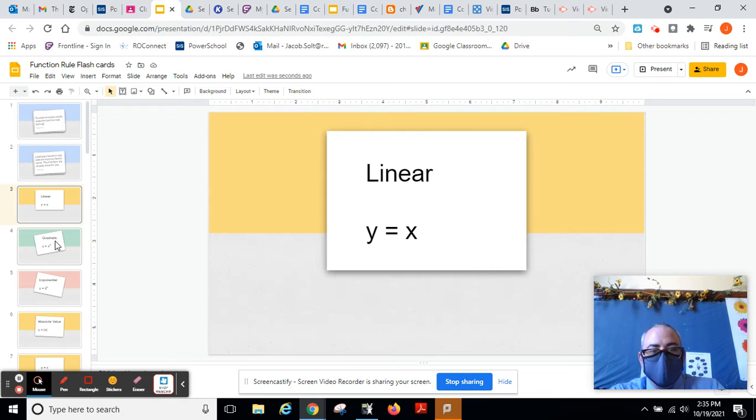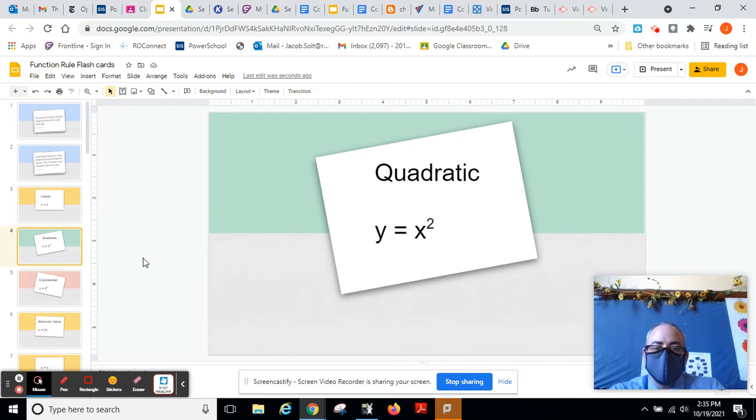Let's go to the next one. Quadratic. Y equals x squared, or y equals x to the second power. This is what quadratic functions look like. There is a variable which is squared. If you see a variable which is squared, that's going to be quadratic.